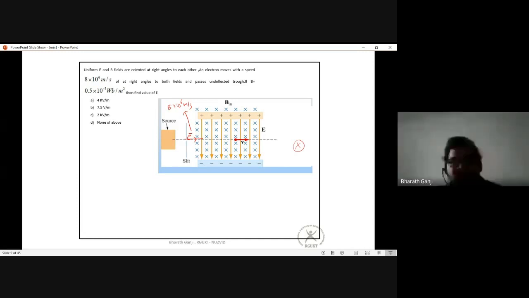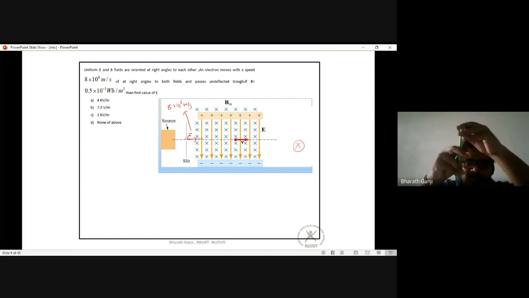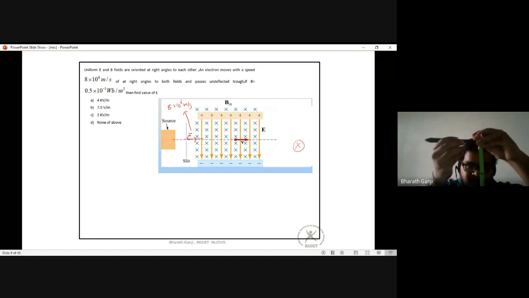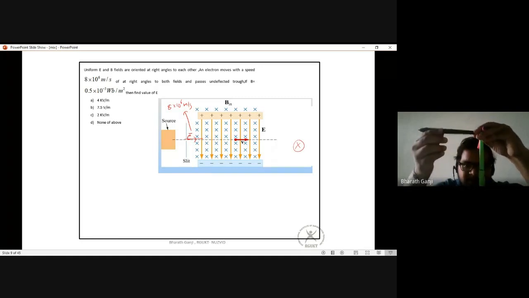So you can just imagine that a vector, so say for example, let me take this pink pen as the field which is going in, okay, and you can see that the electric field is perpendicular to it, the green one. Okay. So I can say that the electric and magnetic fields are perpendicular to each other, right? And what is happening is a negative charge is entering into this field, right? So you can see the three are perpendicular to each other.